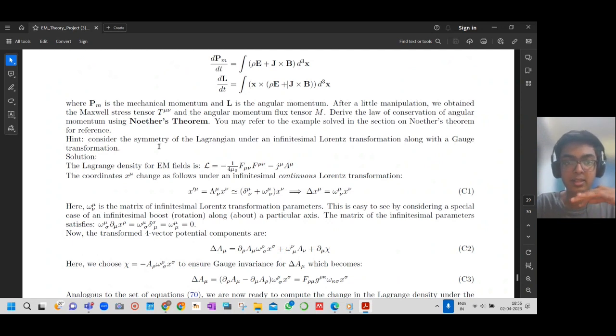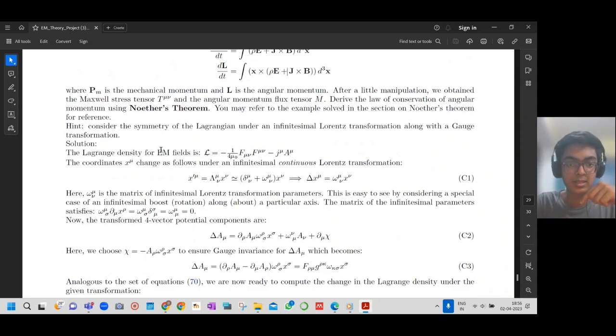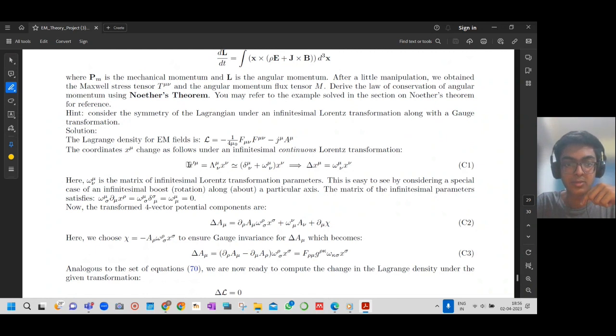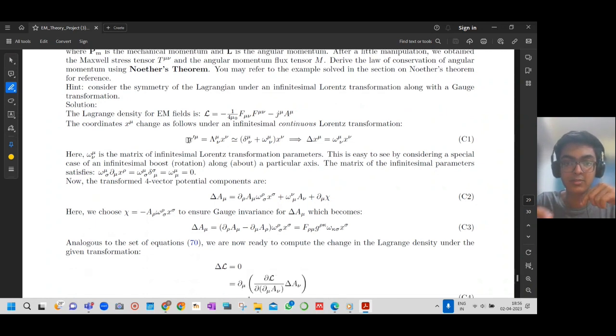The hint given here is that to naturally obtain the law of conservation of angular momentum, we consider the symmetry of the Lagrangian under infinitesimal Lorentz transformation along with gauge transformation. This is the Lagrangian for EM fields. The coordinate x mu under an infinitesimal Lorentz transformation would change as follows.